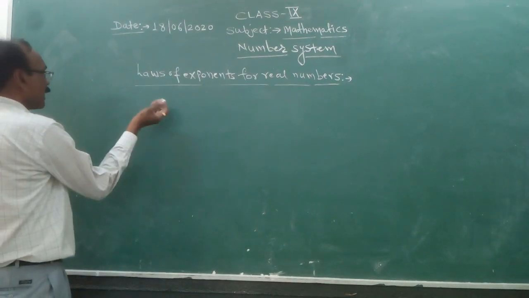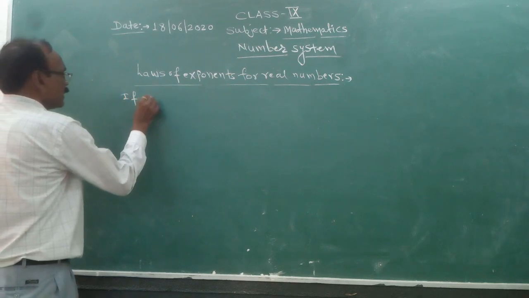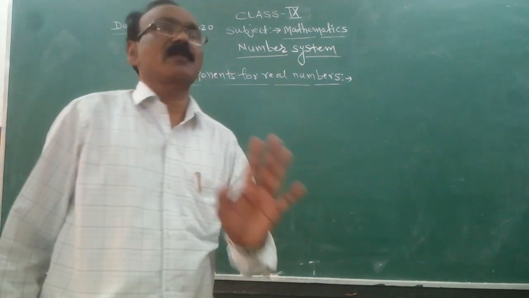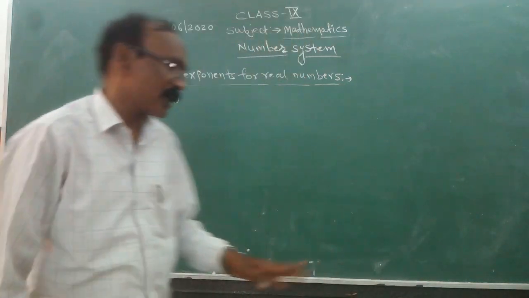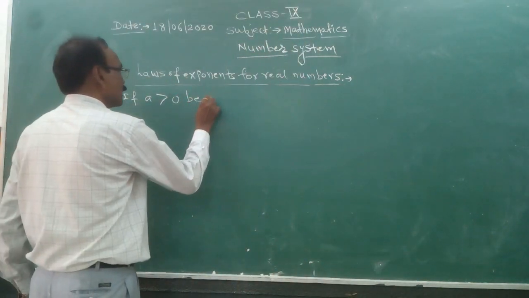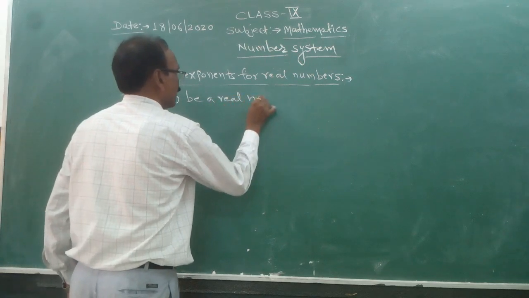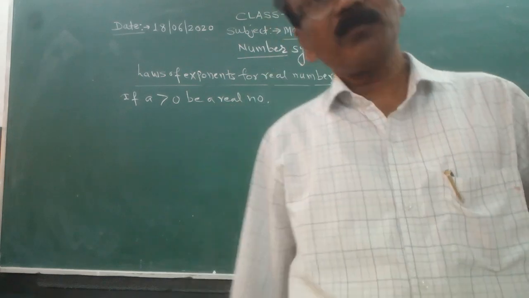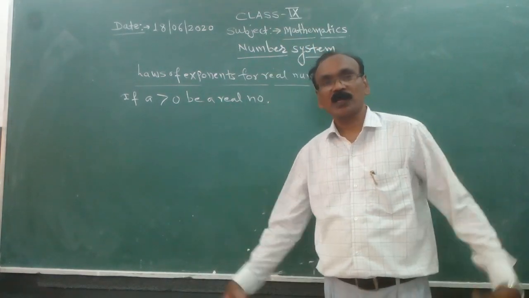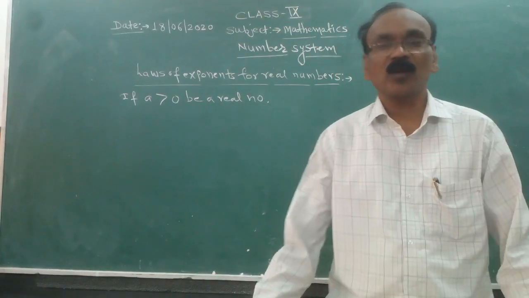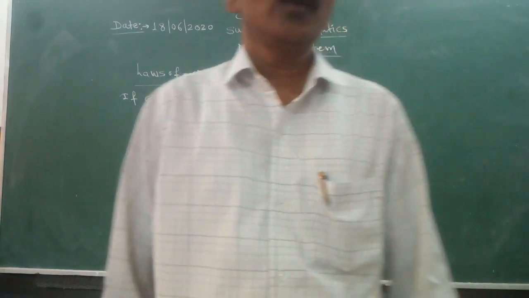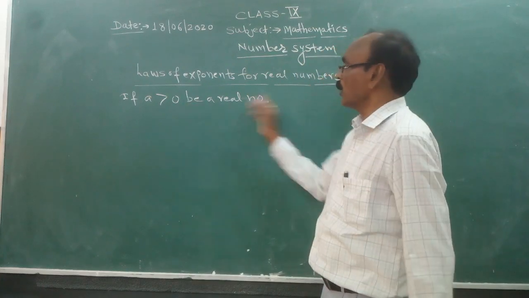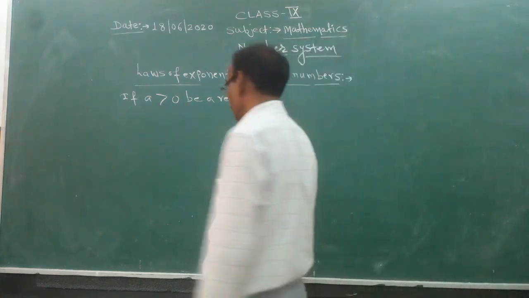Take a, where a is greater than 0, any general number greater than 0. b is a real number. Real number means rational numbers and irrational numbers combined form the set of real numbers. But here I am taking a as greater than 0, all the positive numbers.